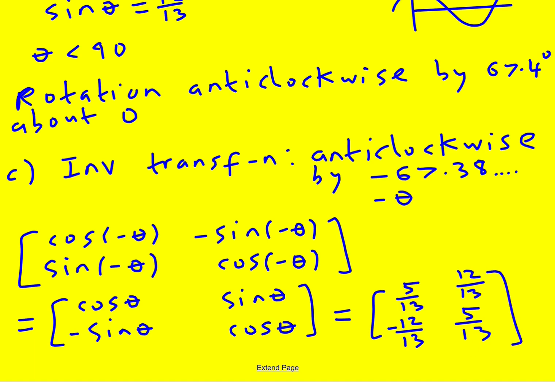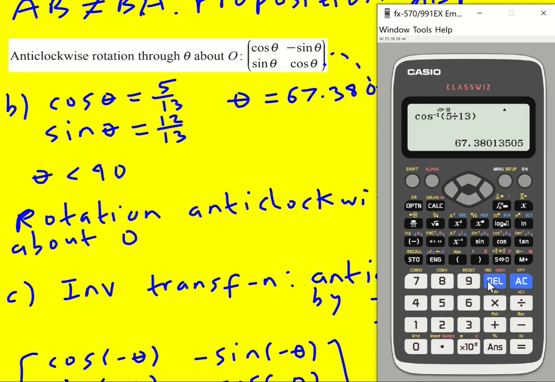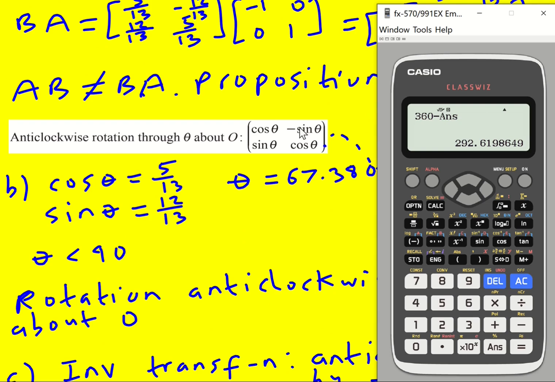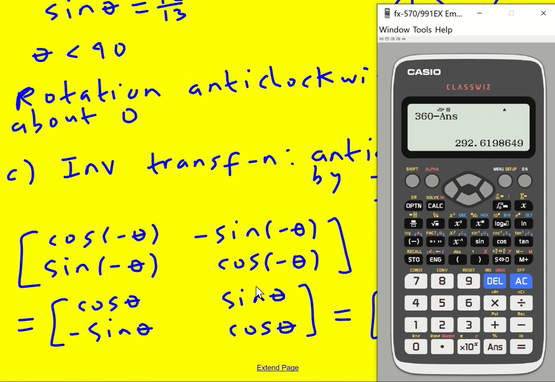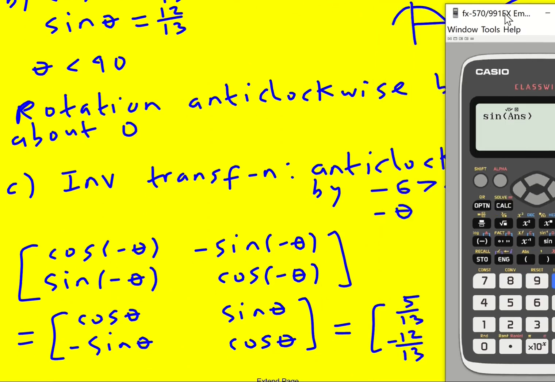There we go. If you didn't spot that, then you could, like I said, do 360 minus that answer. Okay, and that is the angle. And then you could find cos and sine of that angle. Cos of the angle would be the same, 5 over 13. And sine of the angle, you can see we get minus 12 over 13 ready to put there.